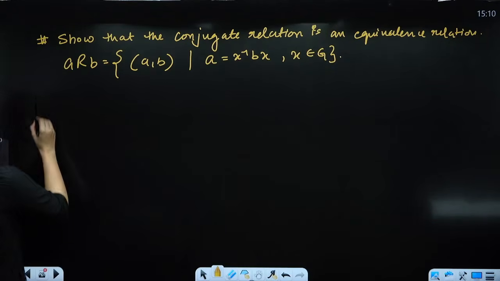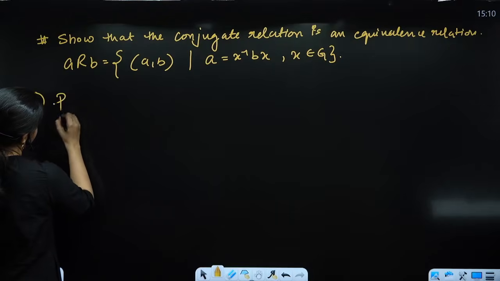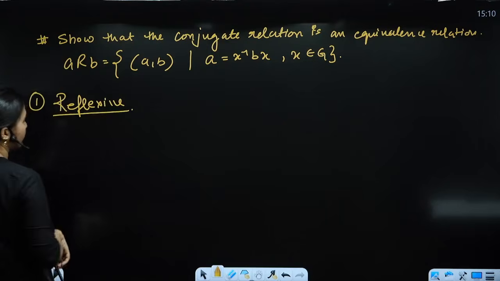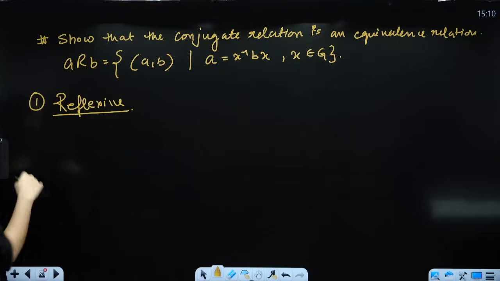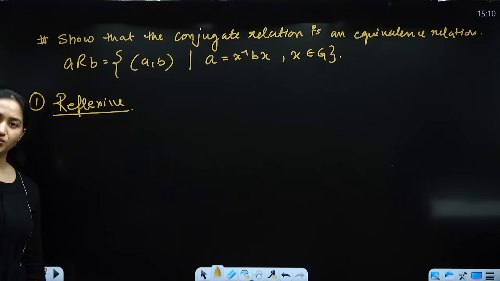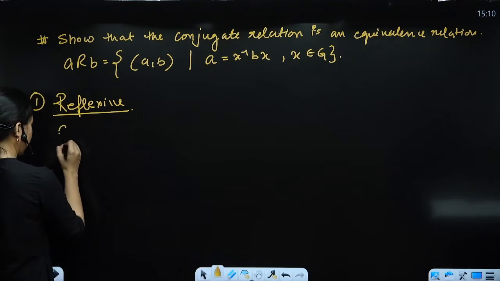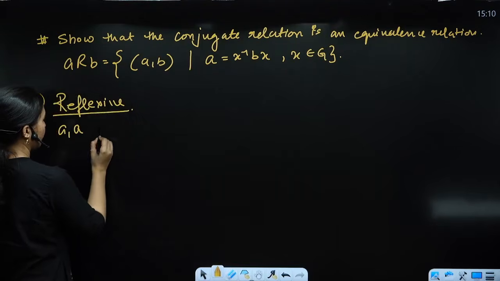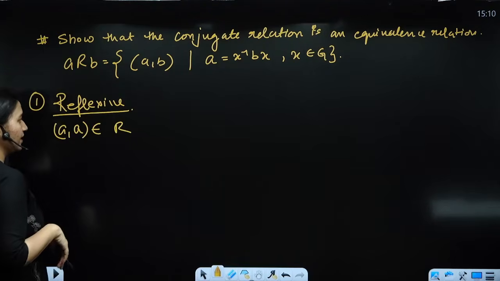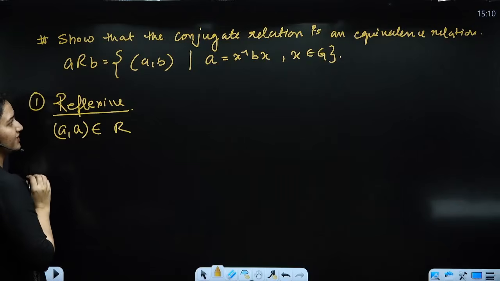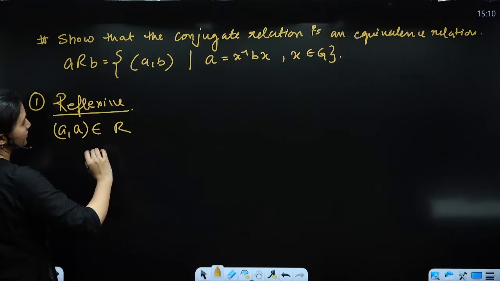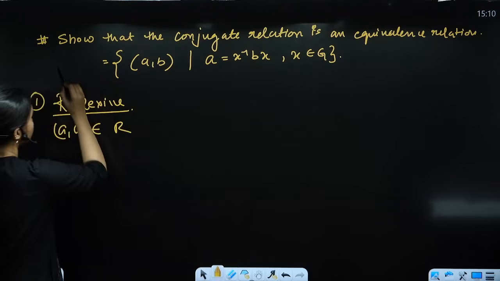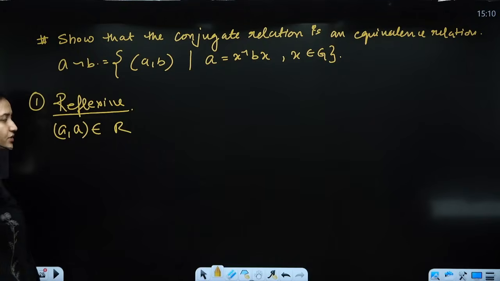Now the first one is reflexive, right? So we need that a should be related to a. That means (a, a) must belong to the relation. Now what is the relation? The relation is, and here you can write it like this as well, it is denoted by this.